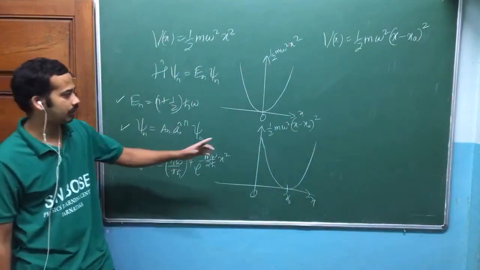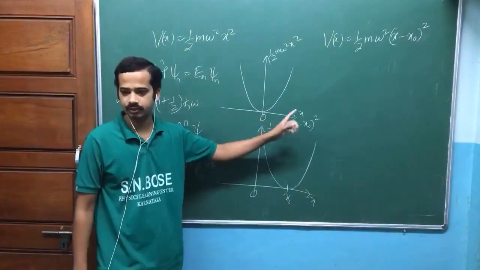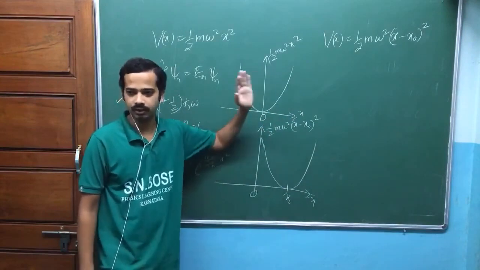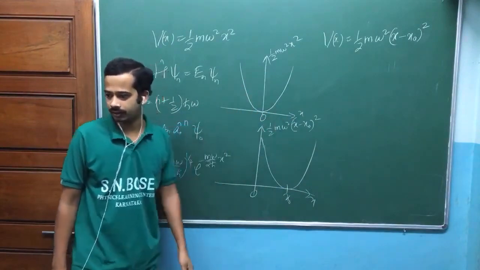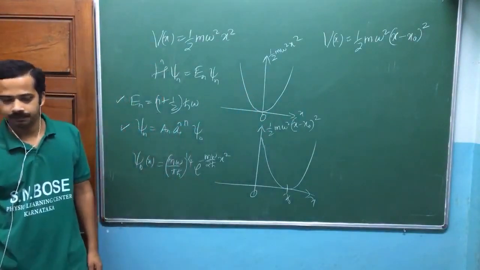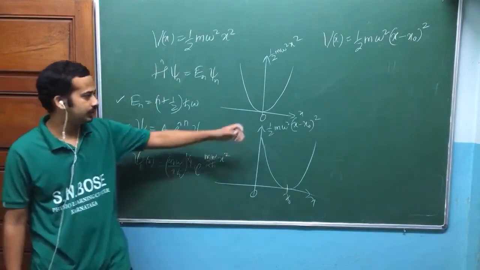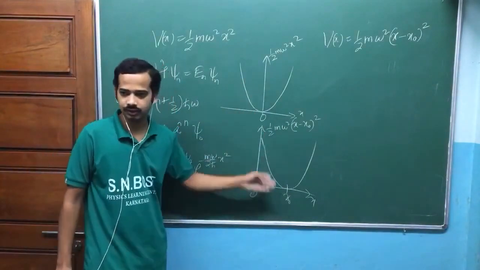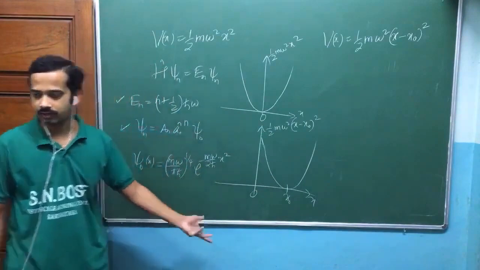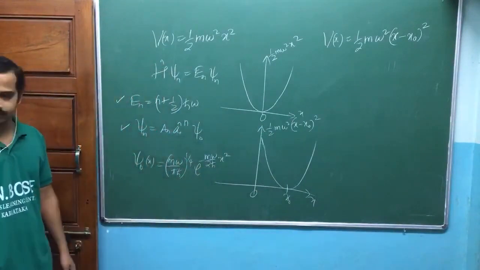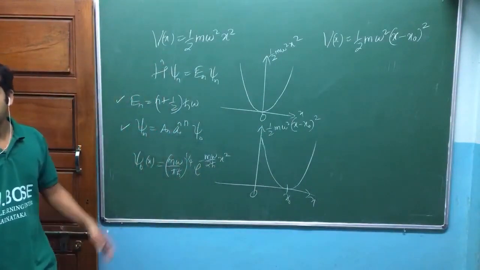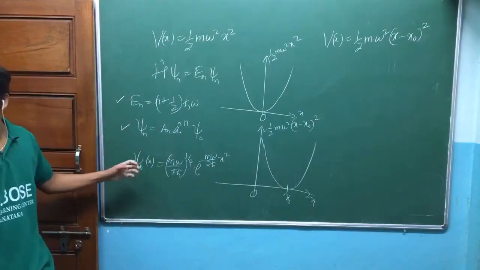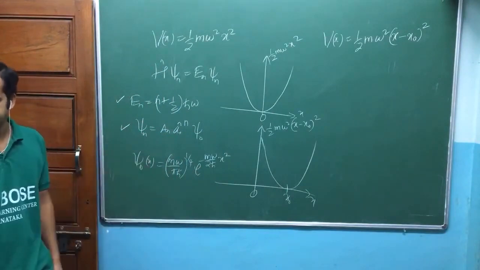It's all our choice where you choose the mean position, where you choose x equal to 0, isn't it? That's why the only change is a change of origin here, so a change of coordinate. And the choice of coordinate is left to us. Coordinate will decide the wave function. Definitely the wave function will change.